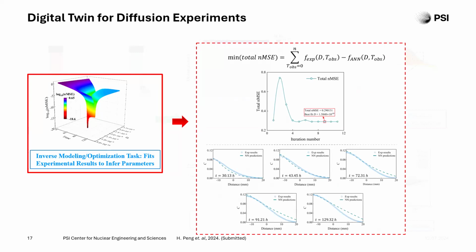As can be seen here, we only need 9 iterations to achieve this optimization process. And here we compare the experimental diffusion profile with the numeric predictions using the optimized diffusion coefficient, which shows relatively good agreement.